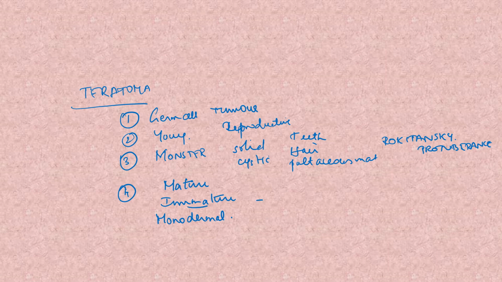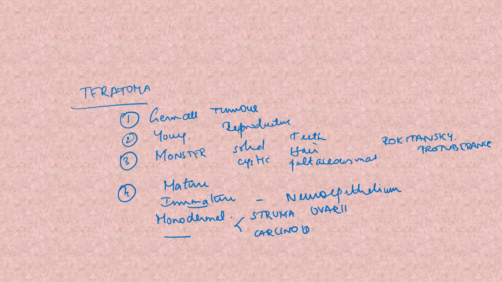Immature, you have undifferentiated or embryonic tissue. It could be immature neuroepithelium, glial tissue, or immature cartilage. Monodermal, you have only tissue differentiated into one particular type, like thyroid tissue, which is called struma ovarii, and the carcinoid. So these are the important points about teratoma.